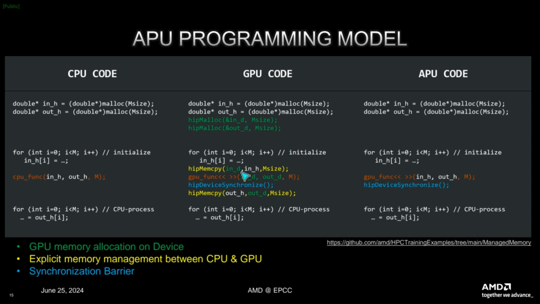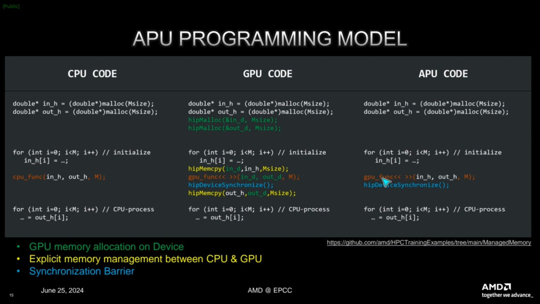So when we have APU code, we no longer have to worry about the memory movement. This is applying to a true APU where there is only one memory space. Here we no longer need the additional memory allocations for the GPU.